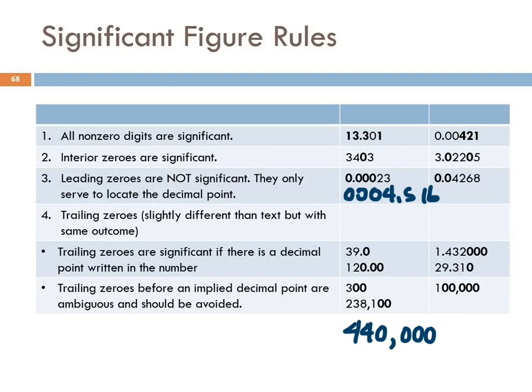No. These are trailing zeros without a decimal point. So we're going to take the uncertainty to lie in this 10,000 place. And what I'm telling you here is between 430,000 and 450,000. It's an estimate. Okay? Any questions?